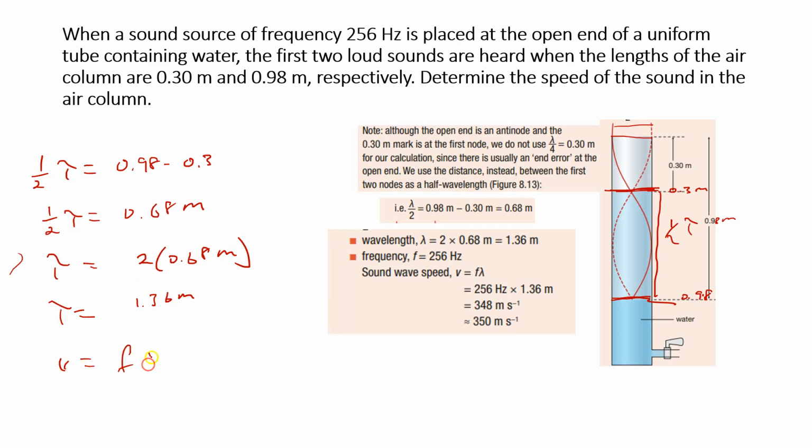Speed is equal to frequency times wavelength. So my frequency is 256 times the wavelength we just calculated a while ago, which is 1.36. We can see that the speed of the sound wave would be about 350 meters per second, right?